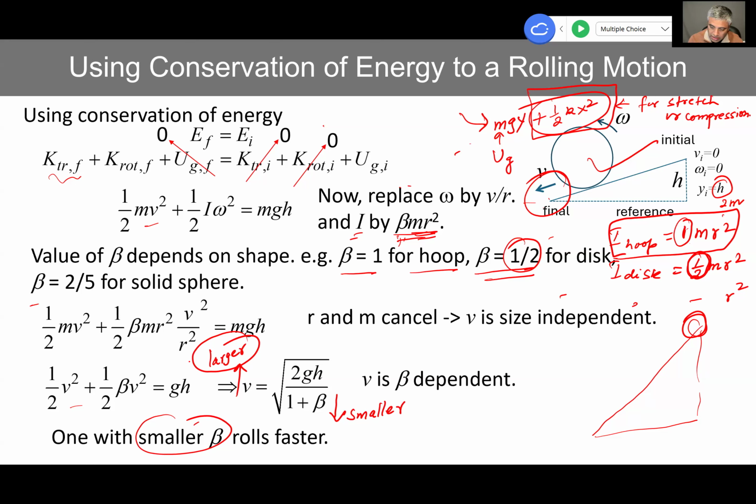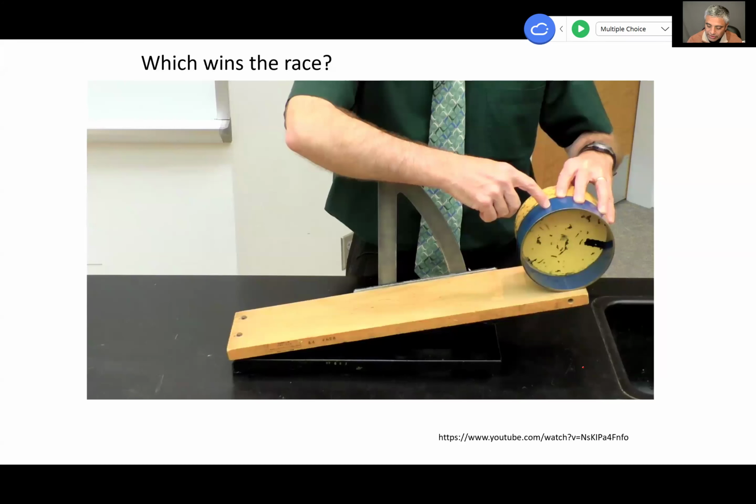Now, here you see there is a disc, wooden disc, and there is a hoop, metal hoop. And if you like, you can say they have same mass. So now, which wins the race? So I'm going to make a clicker question. You need to tell me based on what we just talked about.